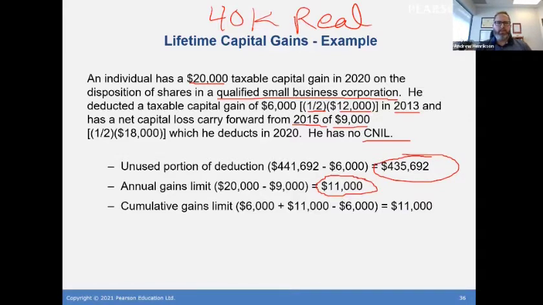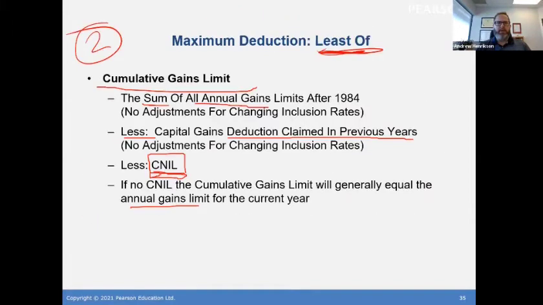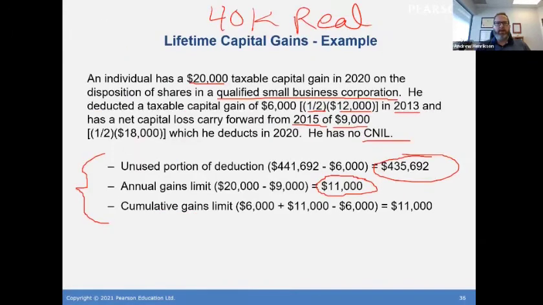And then the last one, and we're going to pick the least of all 3 of these. And then the last one is the cumulative gains limit. So if we go back to the slide, which is the just previous one, this is the sum of all annual gains limits every year. So you have an annual gains limit, and we're going to calculate every year and just keep adding them up.